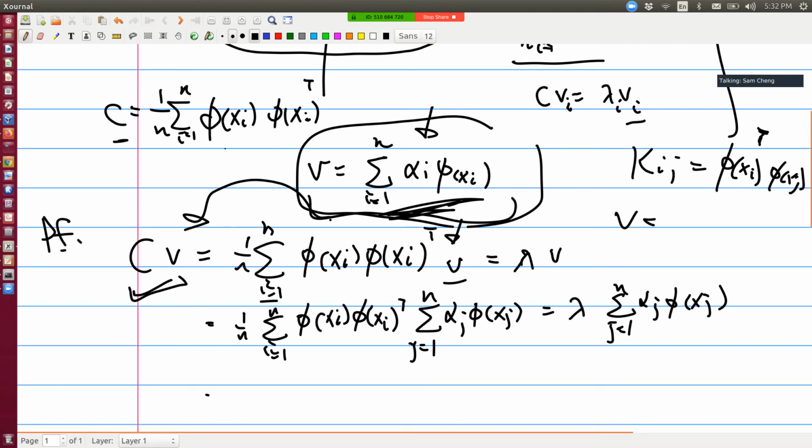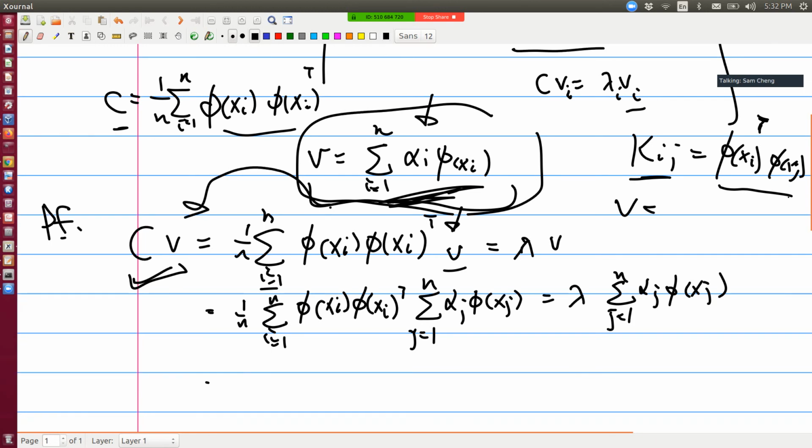Note that that's different in transpose from here. This is the C matrix. But for the kernel matrix, the ij element should be just the inner product of the i phi vector with the j phi vector. So I think I can make it like this.